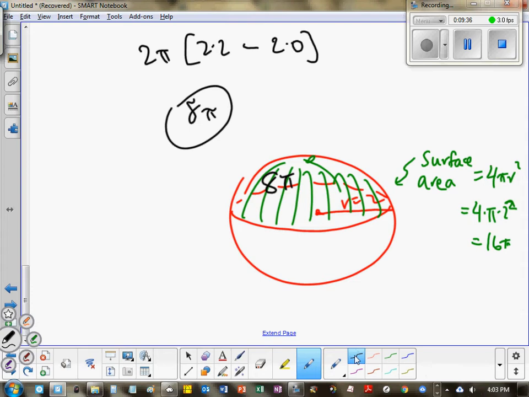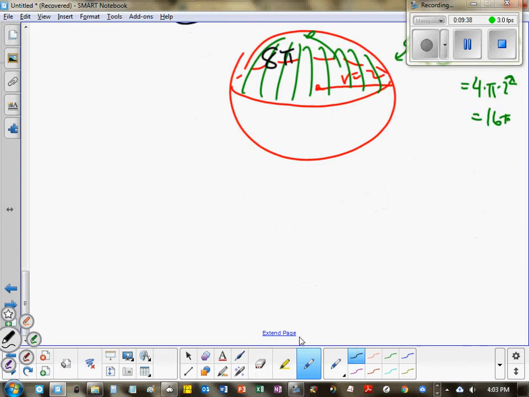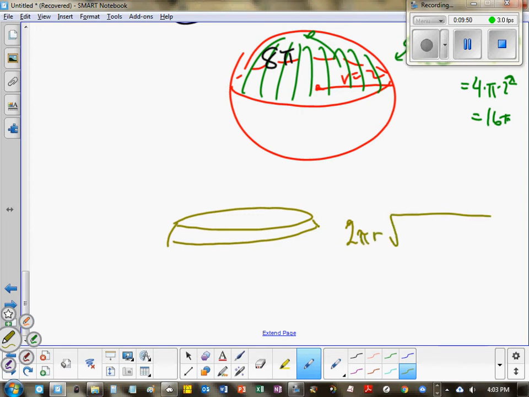But we didn't do it using geometry. We did it using frustums. So we collected bands that look like this, and each one has area 2 pi r square root of 1 plus (dx/dy) squared dy, and these were curvy edges even. And the good news is we still get 8 pi.